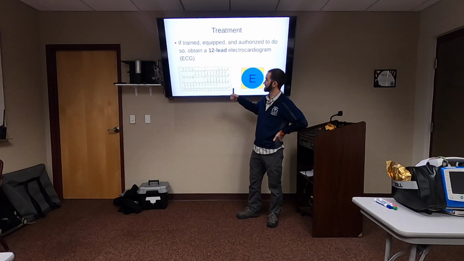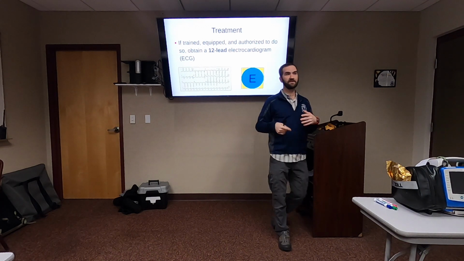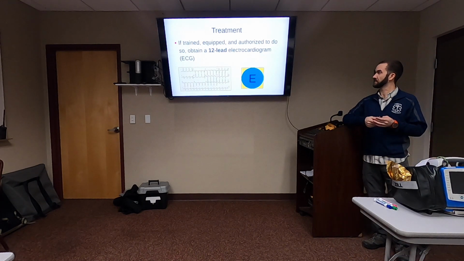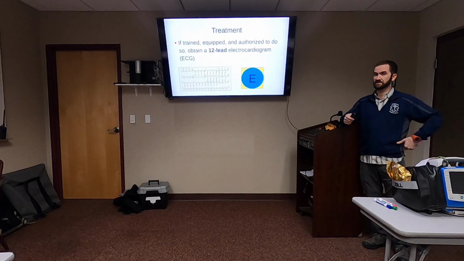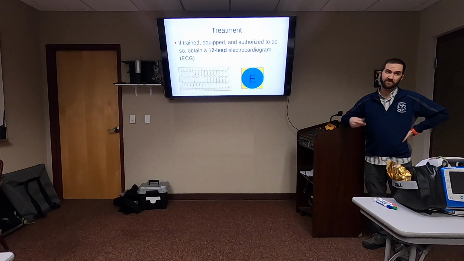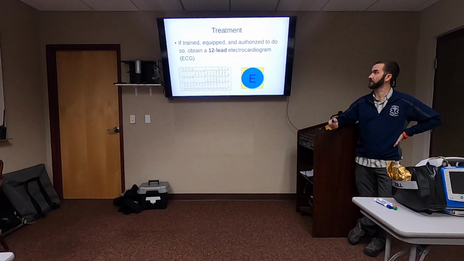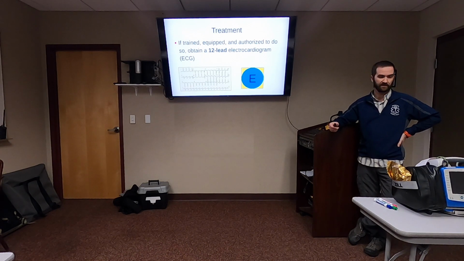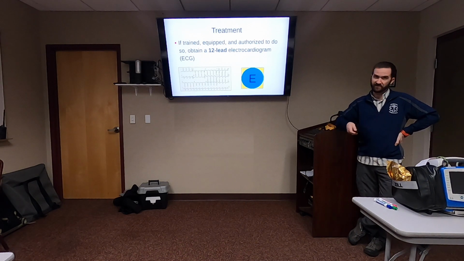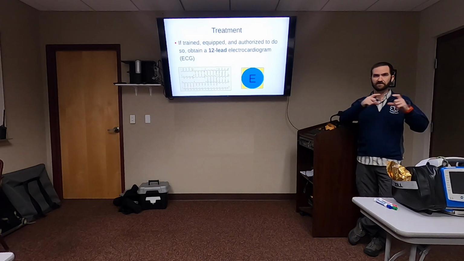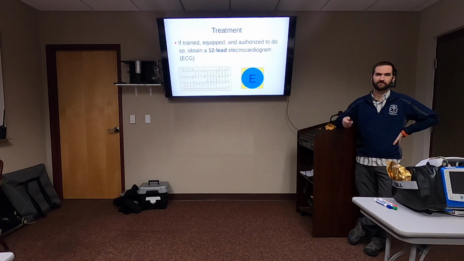But a 12 lead looks from a bunch of different directions. And using all those different views of the heart, you can hone in and tell pretty specifically where they're having a heart attack, or if they're having a heart attack at all. And this thing's got a fancy enough computer in it, it does all the analysis for you. You just hook it up right and it spits out a nice little thing: I think the patient's having this kind of heart attack. So that's pretty cool.